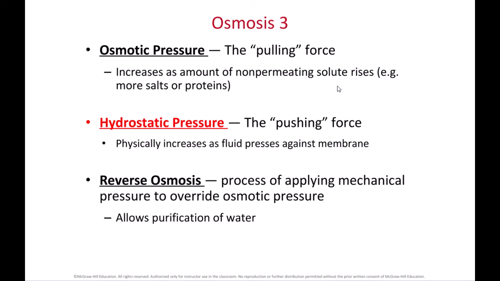A classic treatment for edema, in particular lymphedema, is going to be putting a compression bandage on the swollen appendage. Putting that compression stocking on the swollen appendage increases the pushing force, increases hydrostatic pressure, and causes more liquid to leave that appendage so that the swelling can go down.